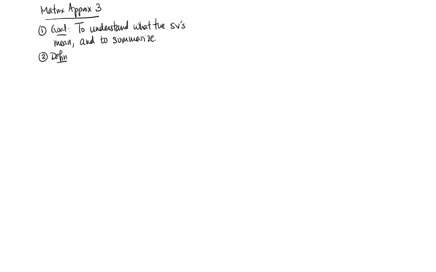So given a collection of vectors, we'll say the variance of that collection.